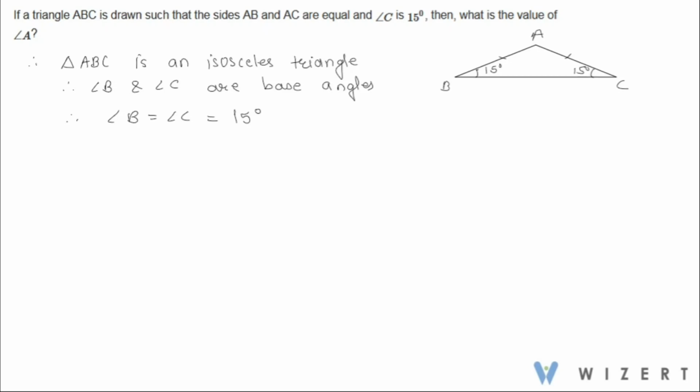Now, to find angle A, we know in triangle ABC, angle A plus angle B plus angle C equal to 180 degrees. This is the angle sum property.